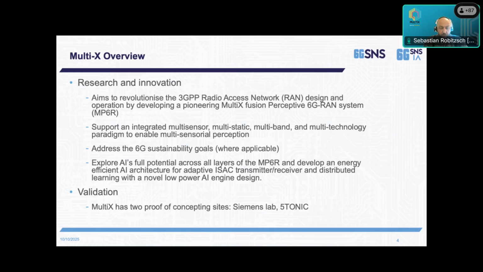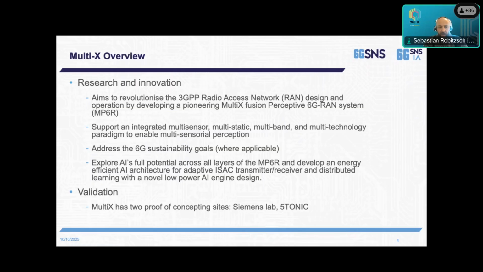Also the ambition to address the sustainability goals of the United Nations and to really try to demonstrate, even though the project targets TRL4, what is the societal impact the technology can have. And no doubt the project will leverage AI to achieve the full potential of ISAC, which is indeed needed, in particular for target object identification and classification.